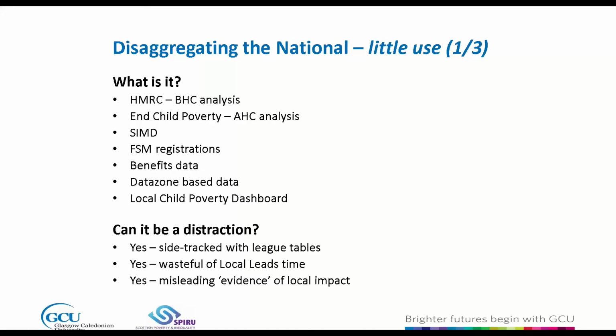Benefits data, likewise, can be available locally. These are national data, can be disaggregated locally. There are other data zone-based data, the data zone being that small unit of data collection that we use in Scotland. And of course, we have the Scottish Government's local child poverty dashboard, which pulls together a range of key data and allows us to present these data for different local authorities.